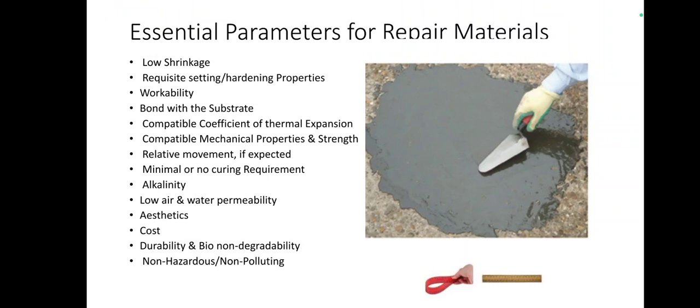Next one, regarding durability and non-biodegradability. Durability is also very important. Whatever repair material I choose should have a minimum guarantee that it will last for 5 or 10 years. If within 1 year the life of the repair material is reduced, or it cannot exhibit the property for which it was provided, for example a waterproofing coating for the ceiling that lasts only 1 year, then the purpose is not satisfied, durability is very low, and we should not choose that material.